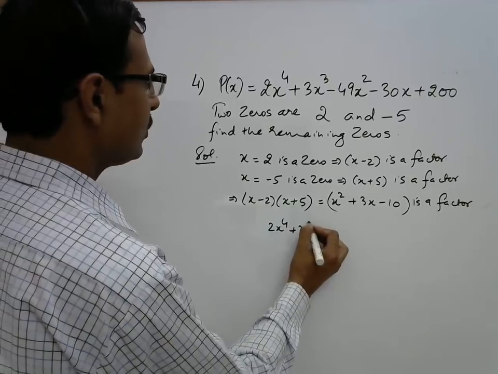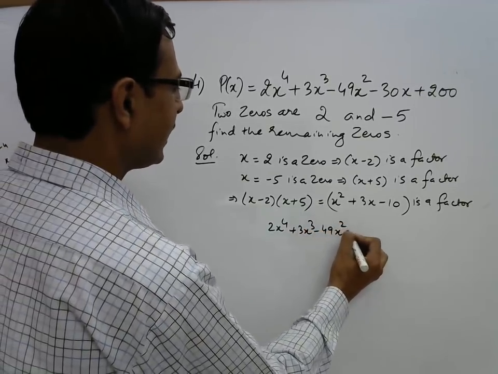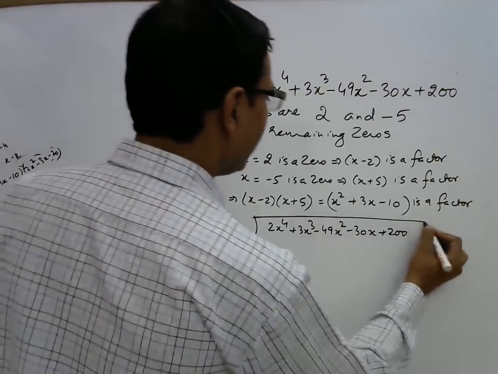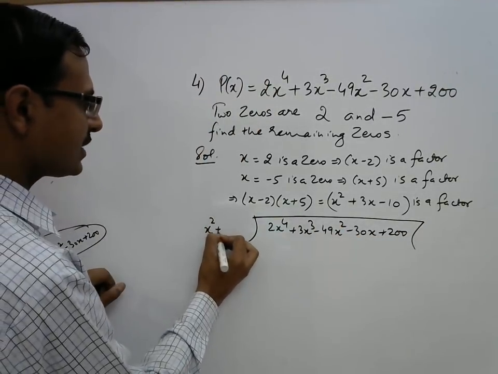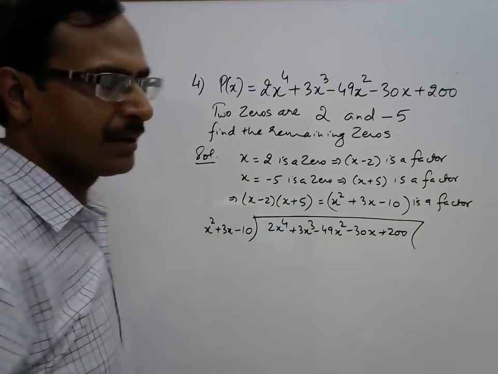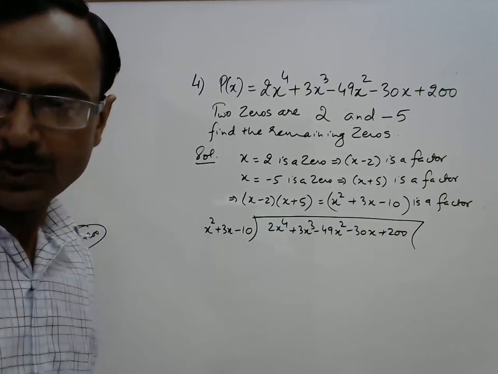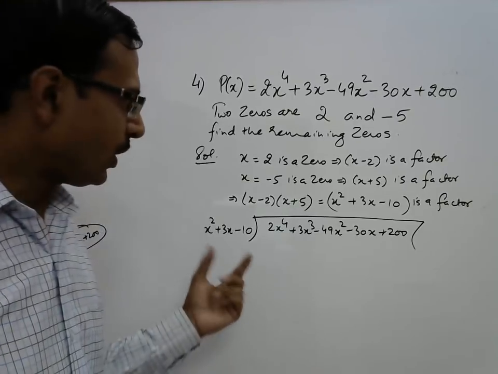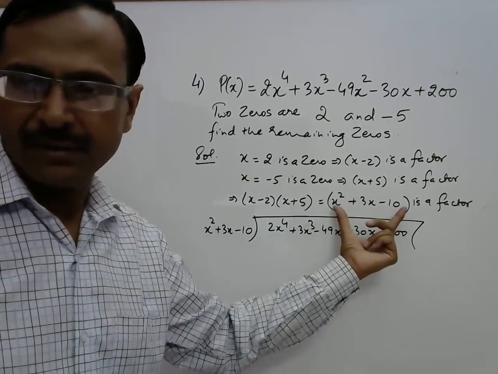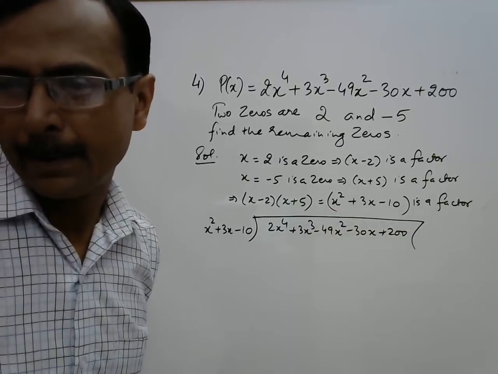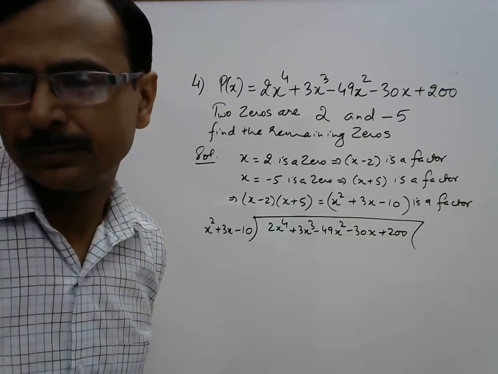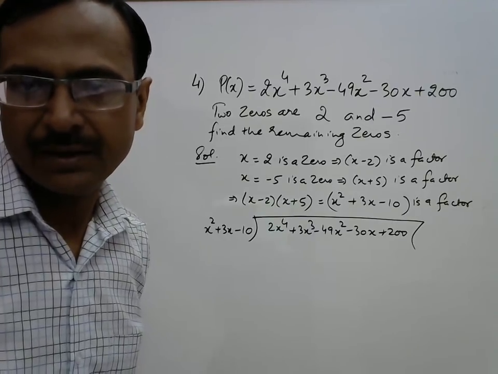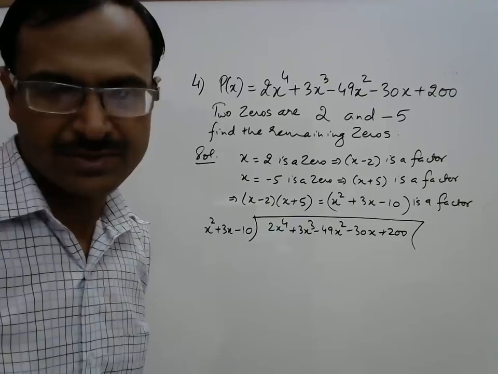2x^4 plus 3x cube minus 49x square minus 30x plus 200 divided by this factor x square plus 3x minus 10. So those who are asking the doubt, have they got this as the factor? If you have got this as the factor, then your remainder should come out to be 0 on division.